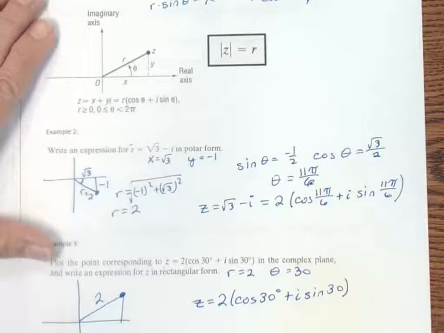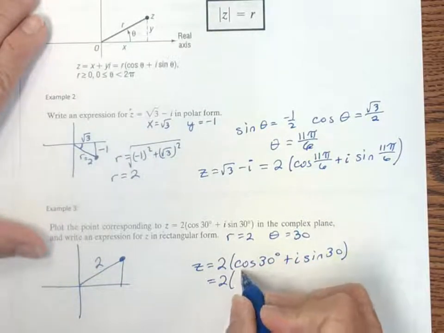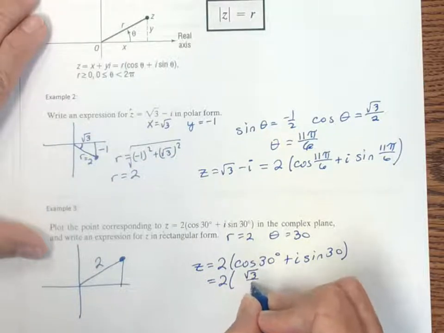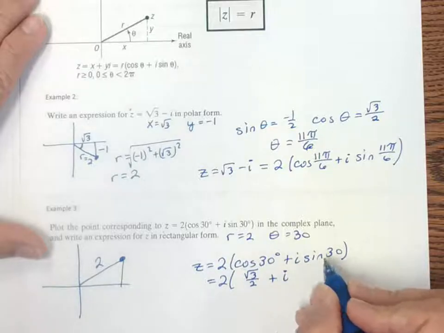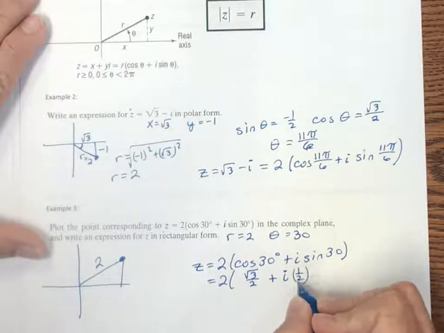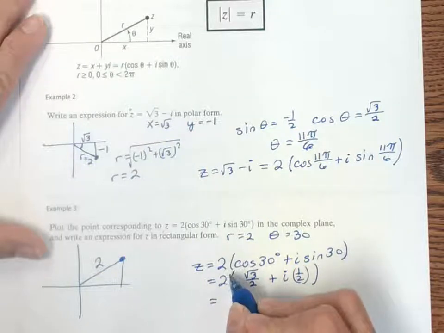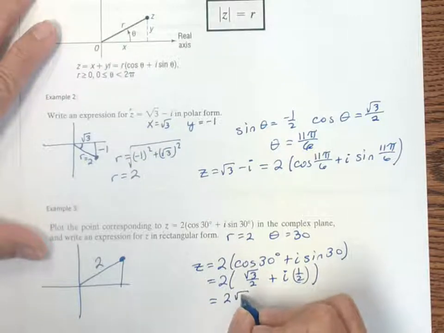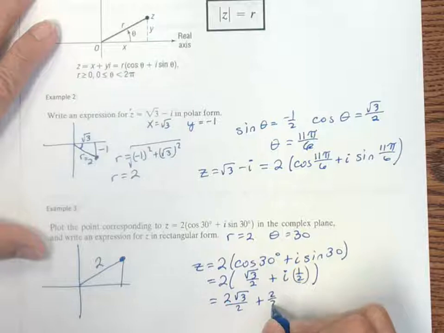So if I want to convert this to rectangular form now, what is the cosine of 30 degrees? That is the square root of 3 over 2 plus i times the sine of 30, which is 1/2. So now I've got to distribute this 2 to both of these terms. So I get 2 square root of 3 over 2 plus 2 over 2 i.